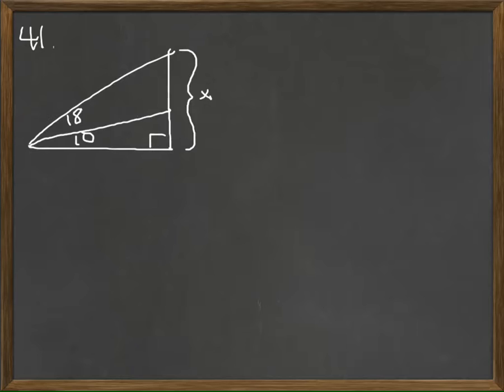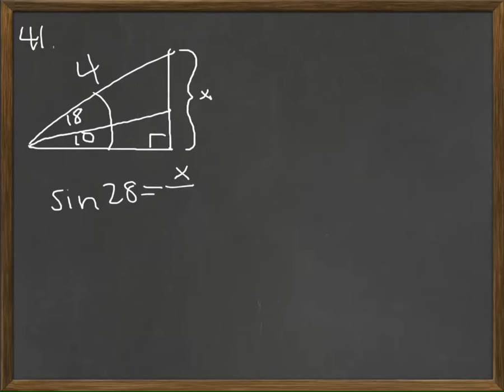Let's say we want to know, well, this is 4 feet. We could say sine of 28, because if we add 18 and 10, we get the whole angle. If I have the option of using a right triangle versus a non-right triangle, I always want to use a right triangle because it's so much easier.